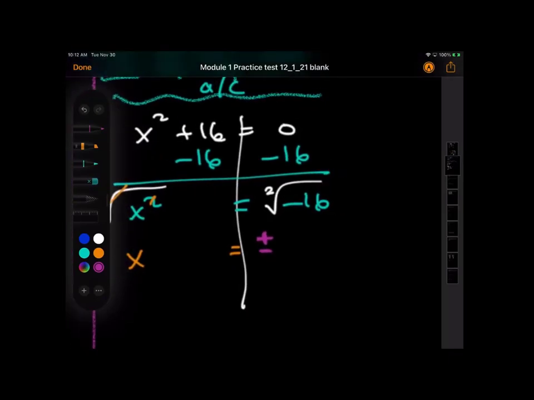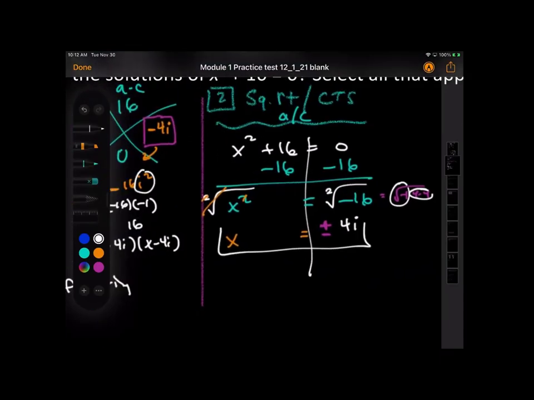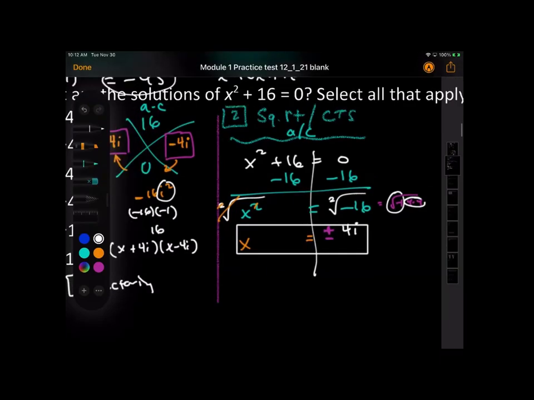The factors of negative 16 are what we just did previously, negative 1 times 4 times 4. So we have the 4 that comes out, and the square root of negative 1, which is just i. So x equals plus or minus 4i.